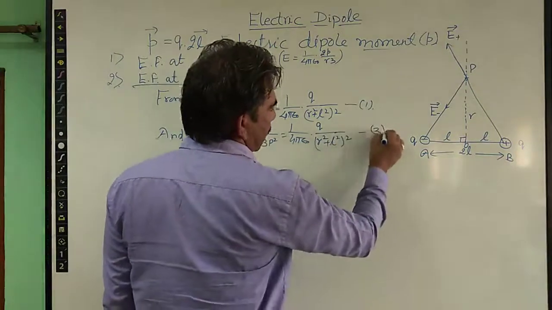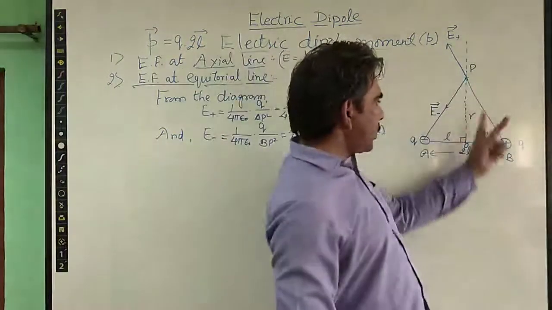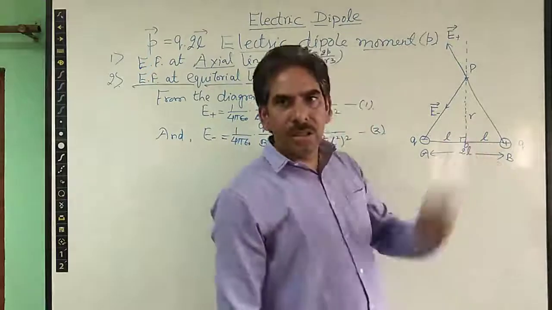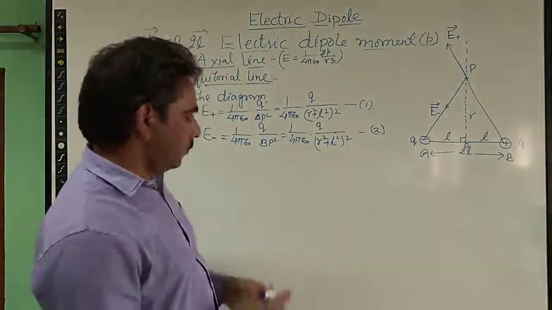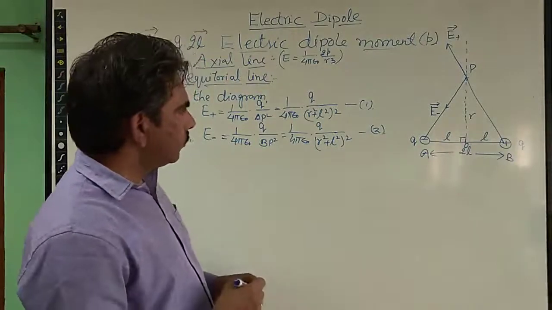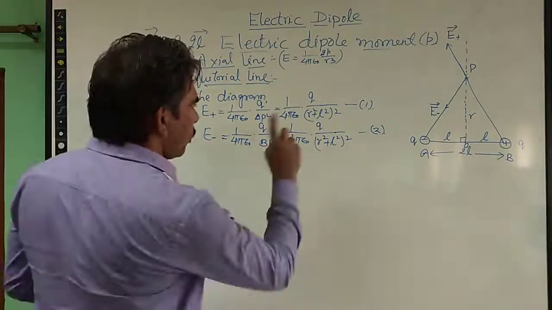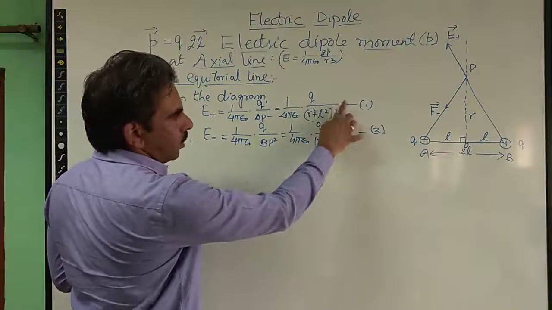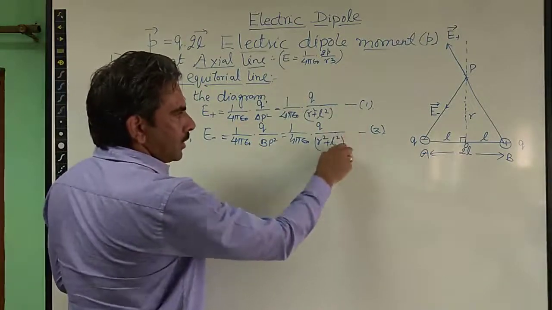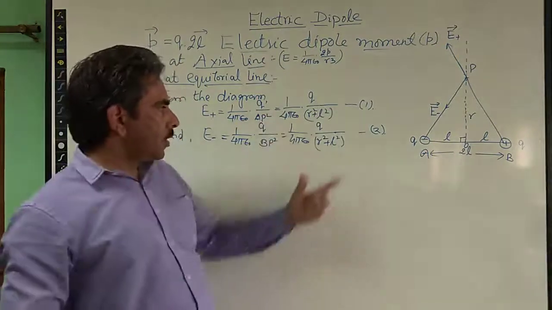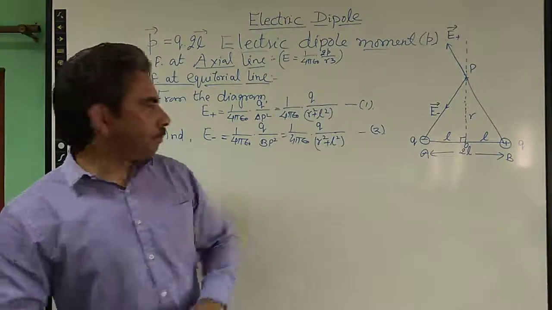This is equation number 2. Here BP, it is also equal to R square plus L square to the whole square. Sorry, mathematically this will just cancel out, because it will have under root. So under root will cancel out with the square. So this is what we are left with.